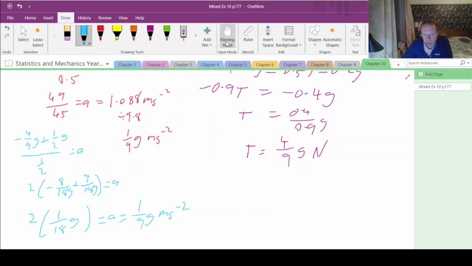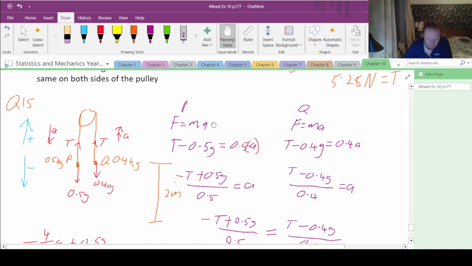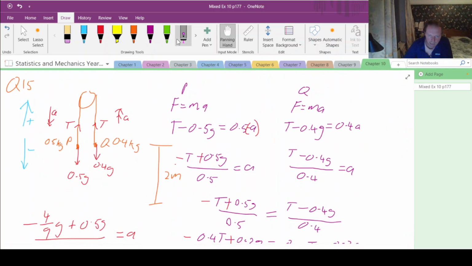Right then, so we need to consider that as this whole thing starts to move in this direction and this direction, this will get down a certain amount in the 0.2 seconds. That will give me a distance, which will be the distance that Q has got to here.